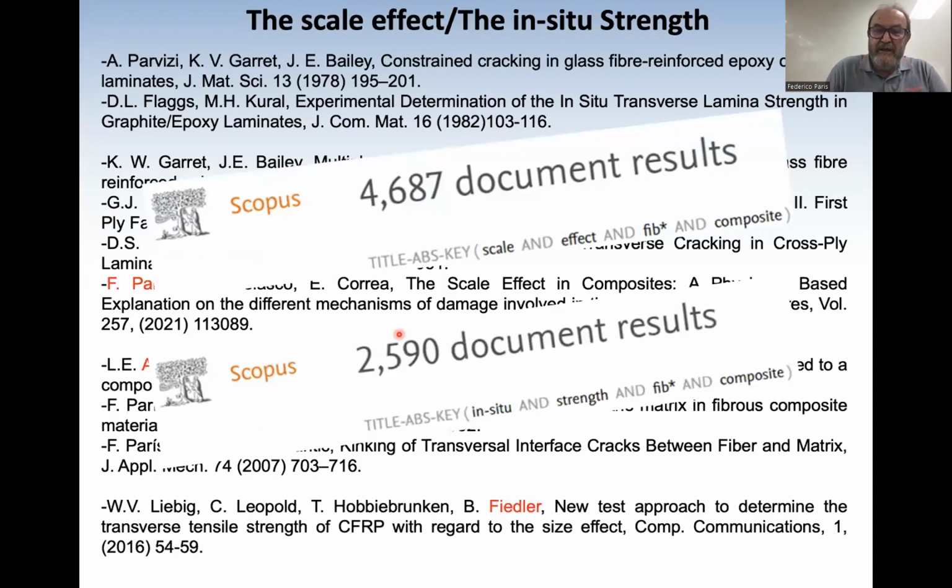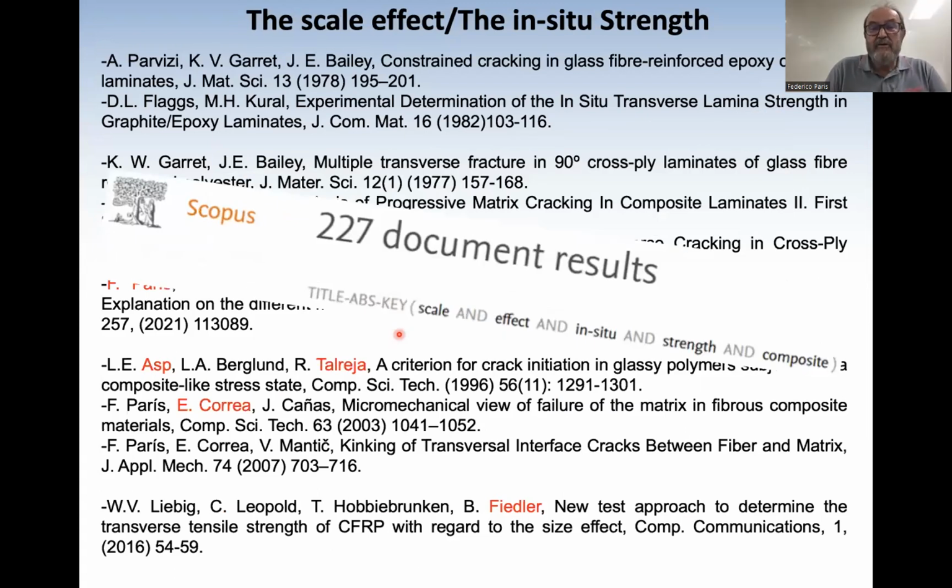If you enter with in situ strength, you find this. If you enter with both scale effect and in situ strength, you get this high number still of documents. We have to say that scale effect cannot be confused with volume scale effect. I hope that Michael will talk about this last and will clarify this matter.